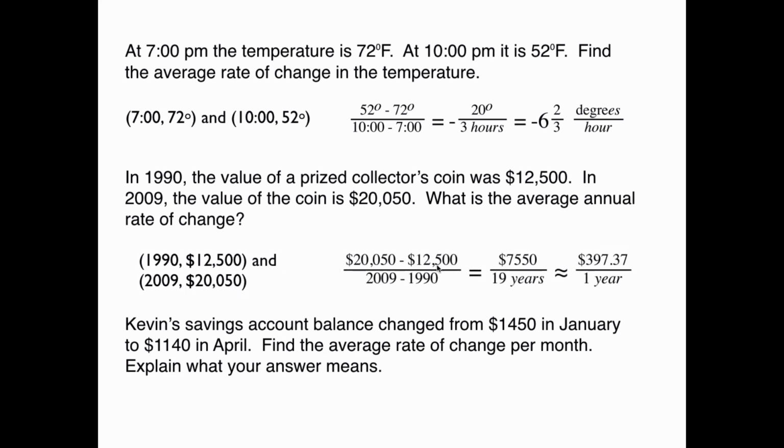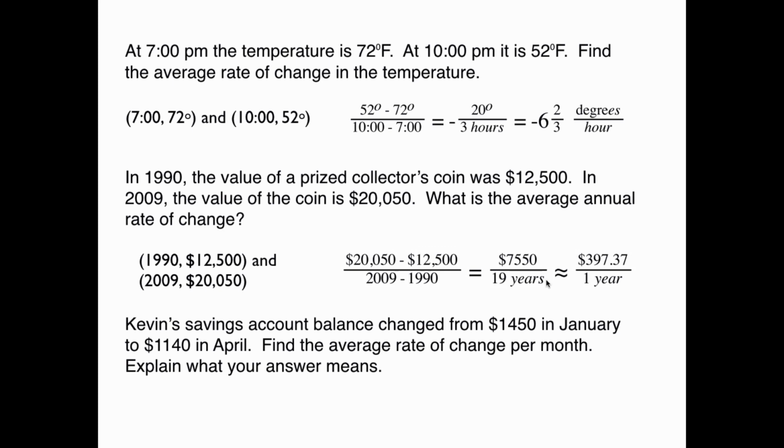Using our slope formula, we can calculate that we get $7,550 per 19 years, which simplifies to approximately $397.37 per year.